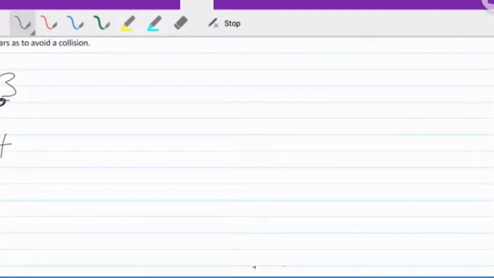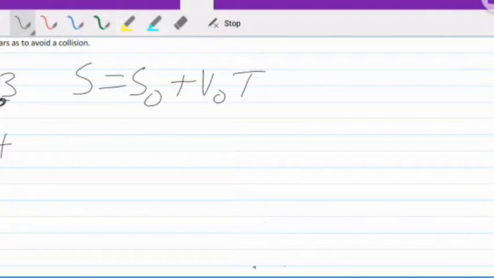So from our kinematic equations, the displacement is equal to the initial displacement plus the initial velocity times the time, added to 1/2 times the acceleration times the time, capital T, squared.